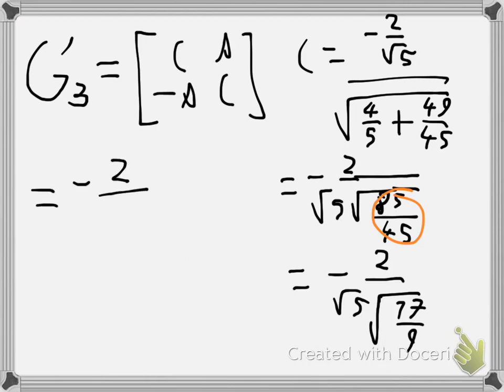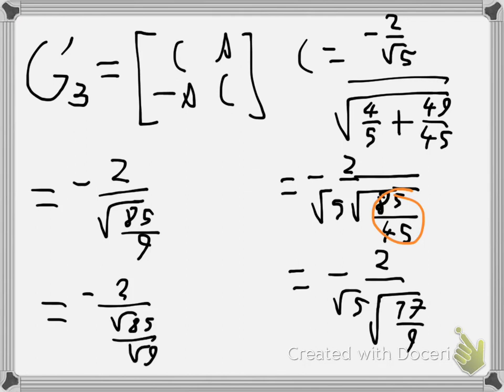If we take the square root of 5 inside, we get square root of 85 over 9. Then we can distribute the square root. And now we can take the square root of 9 on the top, get negative 6 over square root of 85. Okay, I hope I did no mistake. Okay, so that should be our cosine.